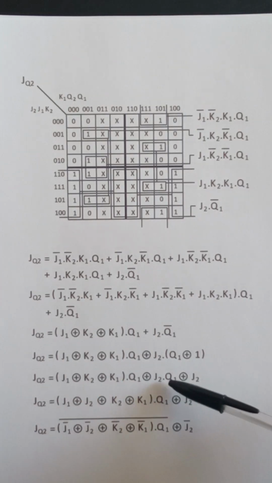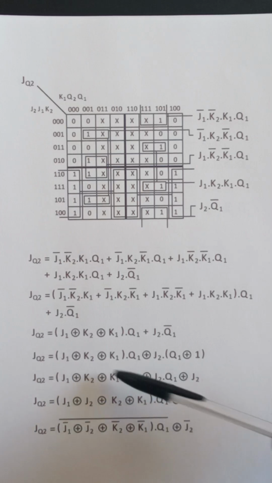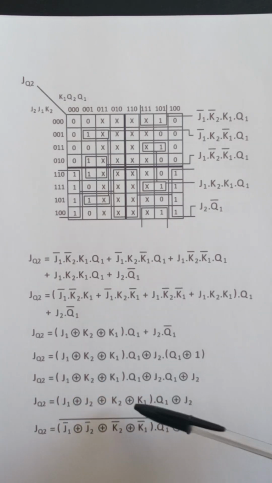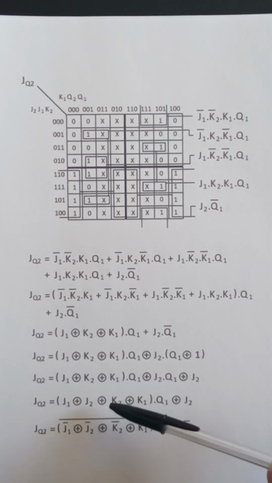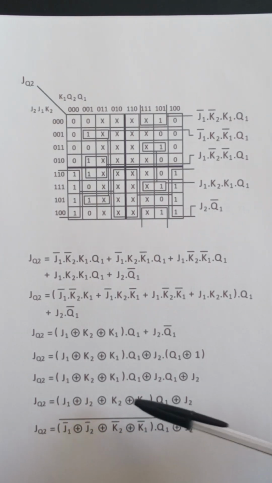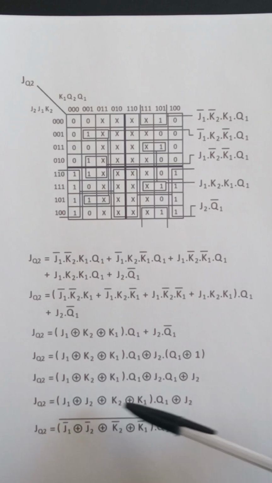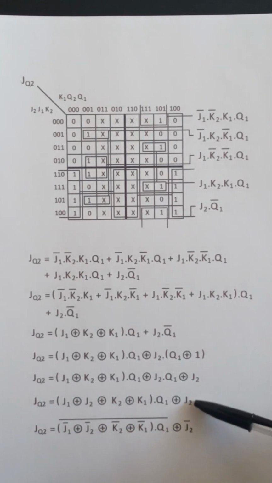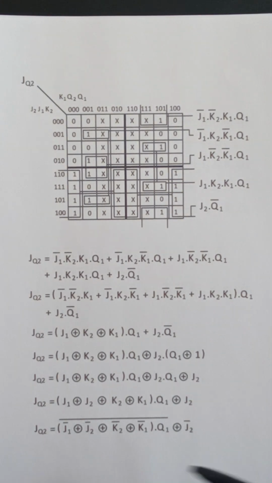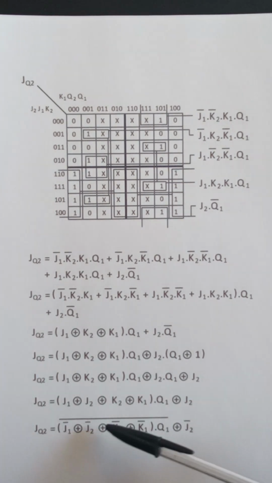So I'm going to expand that out here and then factorise here. So I've taken that Q1 there and used J1, J2, K1, K2 and K1 there as a 4-input exclusive OR gate, exclusive OR with J2. And then I've complemented each input.